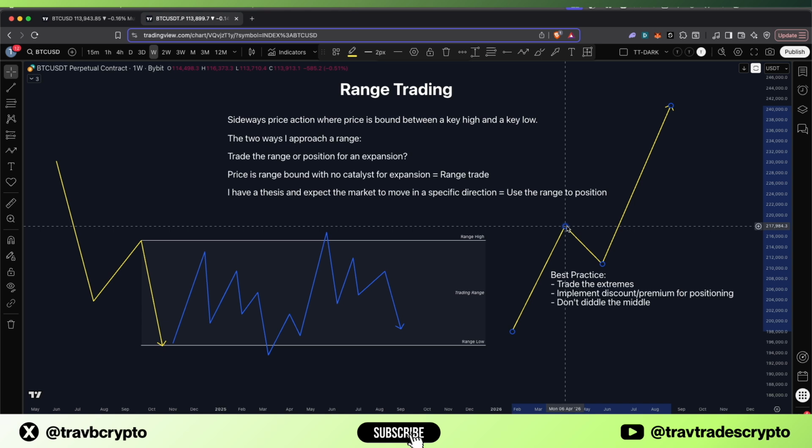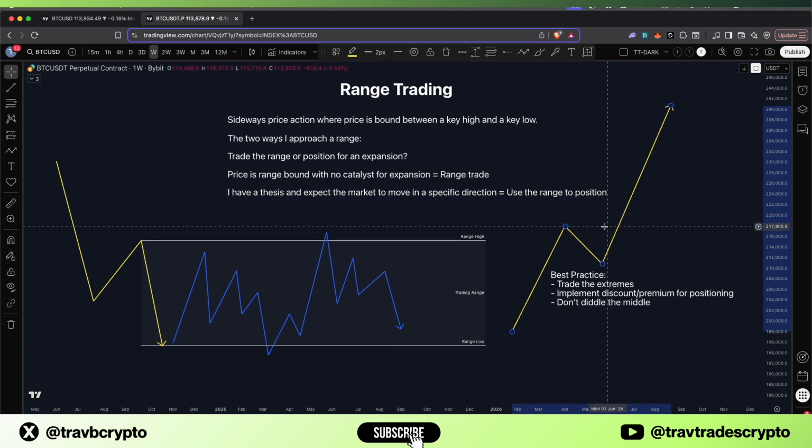Now, in my trading system and in my strategy, I would much rather position into a range and then scale into my position further once price confirms the movement and starts the expansion. And I hate scaling into a position when I've missed the range and I'm chasing here.